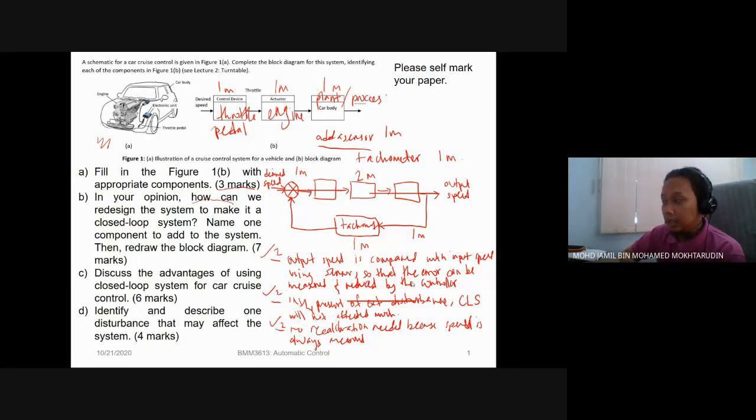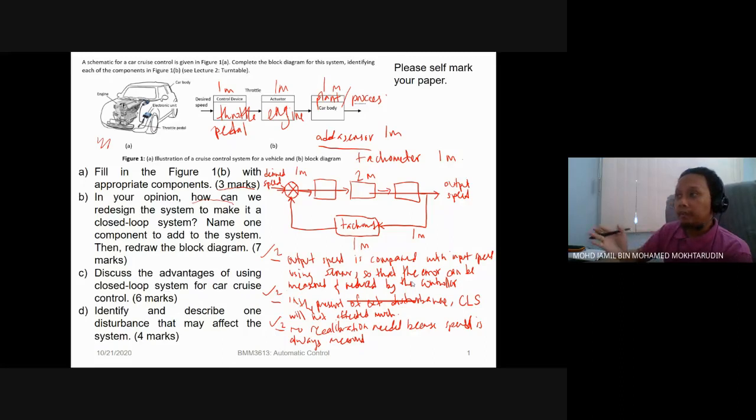Basically, in point number 1 you want to maintain the speed, so that's why you measure the output speed and compare it with the input speed to calculate the error. Let's say your output speed is higher than what you want, then the sensor will sense this and measure the difference, and you will know that you need to reduce the speed.